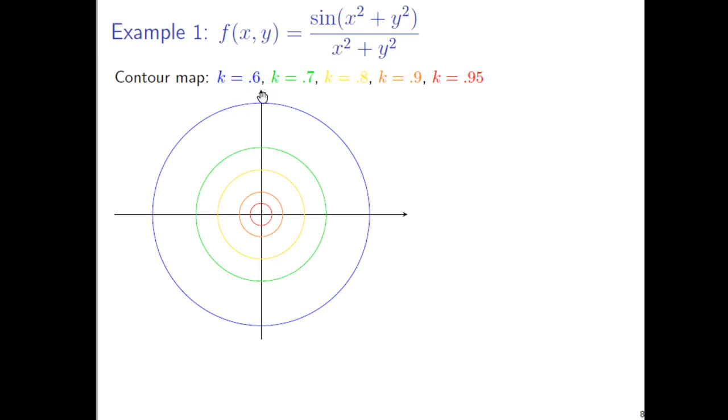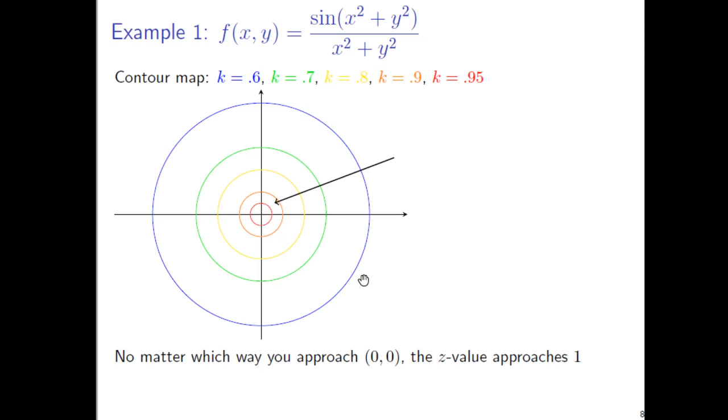You'll see here all the points where the output is 0.6 forms a circle, and all the points where the output is 0.7 form their own circle of smaller radius. And as on and on it goes, all the points where the output is 0.95 form a tiny circle centered around the origin.